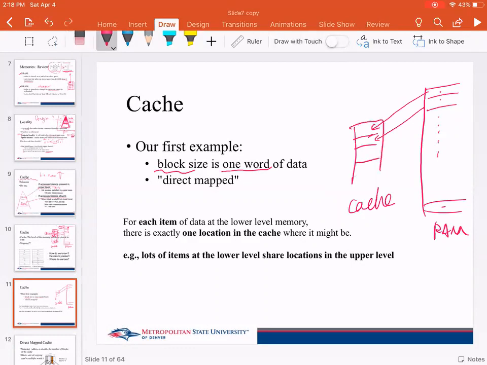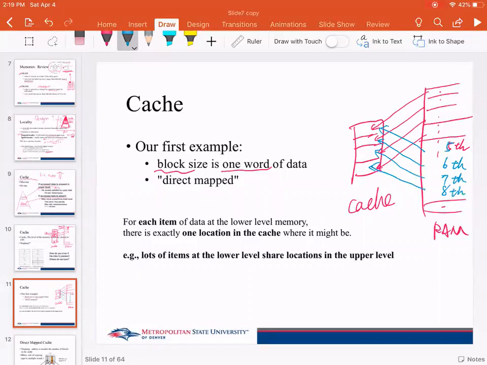Suppose we only have 4 blocks in the cache. So we map the first 4 into cache locations 1, 2, 3, 4, and then the 5th location goes back to location 1 again, the 6th goes back to location 2, the 7th maps to block 3, and the 8th maps to the last block.